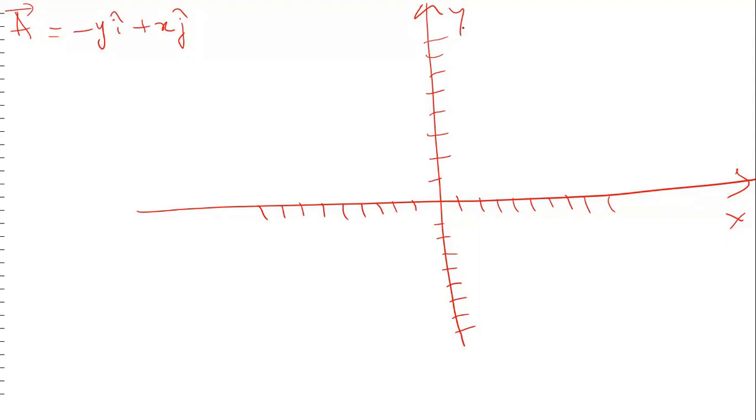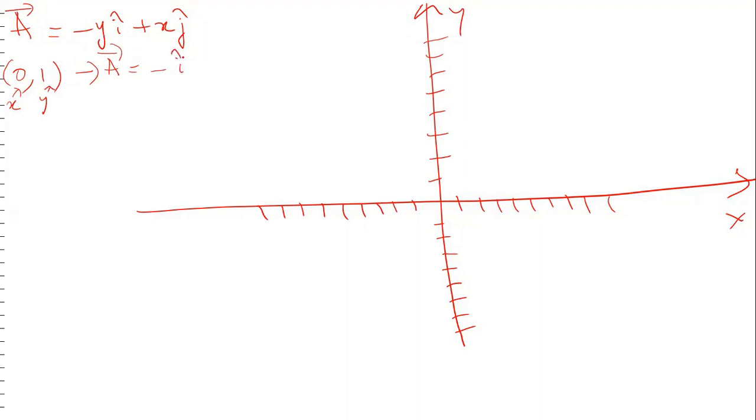Now what is the vector at, let's say, (0, 1)? At (0, 1), x is 0, y is 1, so the vector will be minus of i vector.